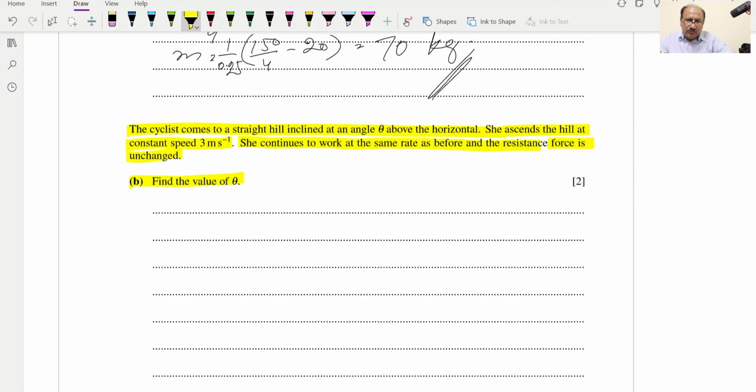So to understand this, we can draw a small rough drawing, and that one we can draw like this. So this is the inclined plane which we have drawn, and this is making an angle of theta with the horizontal, and say the cyclist is over here, and the weight will be acting downward, and this will be W, which is equal to mg.